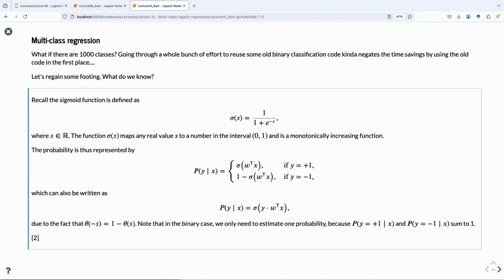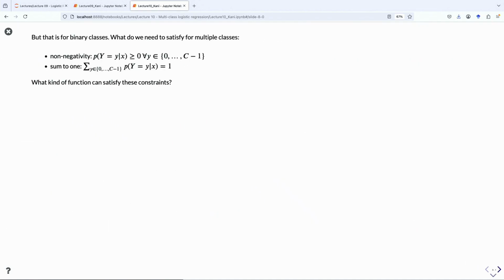Basically, the probability of a positive classification is 1 minus the probability of a negative classification. So that was good. Now the issue is we have multiple labels, but the probabilities that y is equal to each of the particular labels should also sum to 1, right?